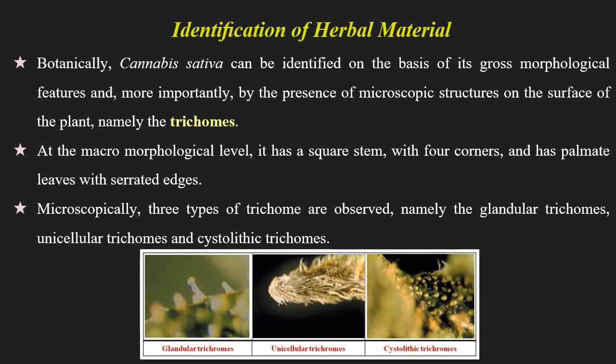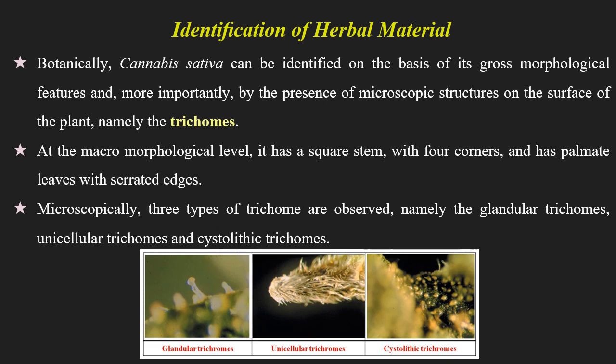If the samples which are obtained are the herbal material, they can be identified for the possibility of cannabis sativa. Botanically, cannabis sativa can be identified on the basis of its gross morphological features and, more importantly, by the presence of microscopic structures on the surface of the plant.